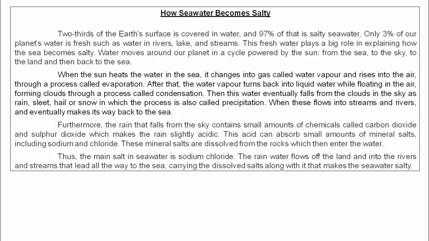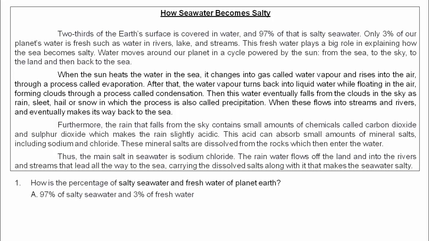Silakan diperhatikan untuk teksnya. And then we go to the first question. How is the percentage of salty seawater and fresh water of planet Earth? A. 97% of salty seawater and 3% of fresh water.